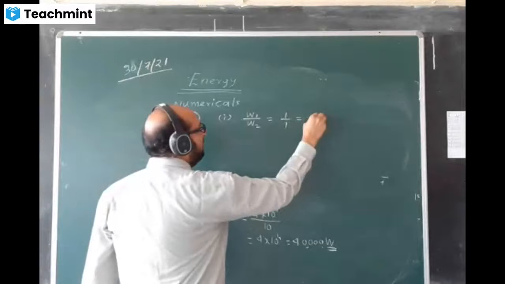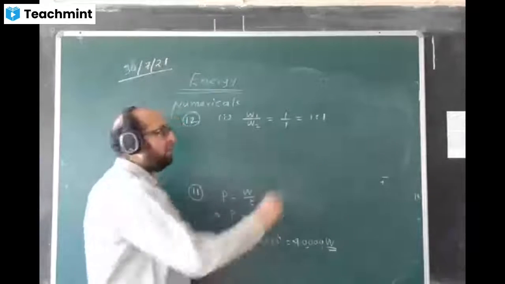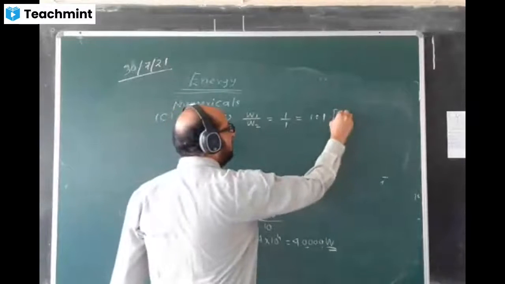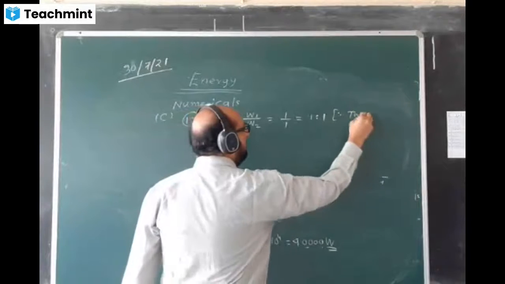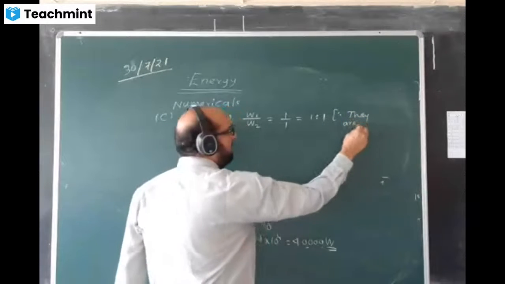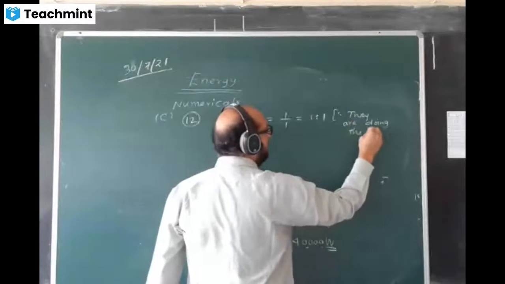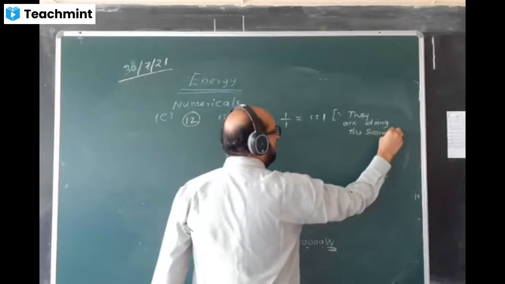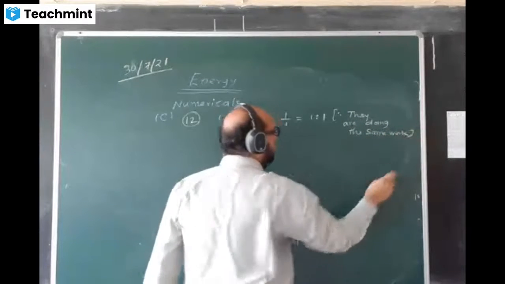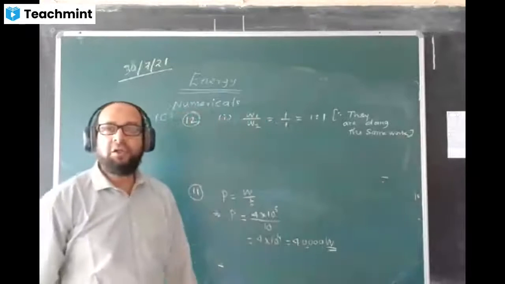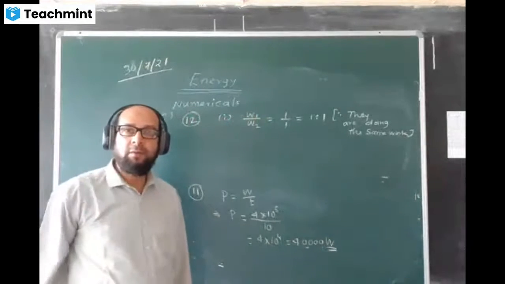Ratio is 1 by 1, 1:1. Since they are doing the same work, the ratio will come 1 by 1, 1:1.